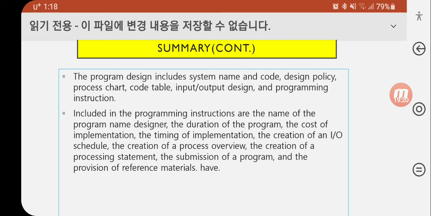Included in the programming instructions are the name of the program name designer, the duration of a program, the cost of implementation, the timing of implementation, the creation of an I/O schedule, the creation of a process overview, the creation of a processing statement, the submission of a program, and the provision of reference materials.